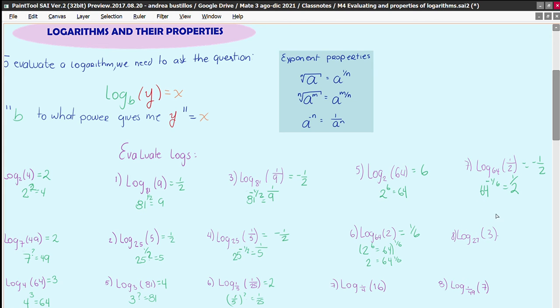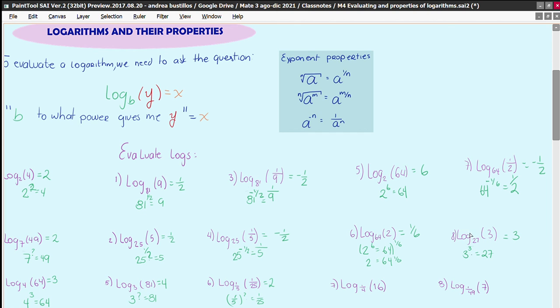Now for this exercise, 27 to what power gives you 3? You have to remember that the cube root of 27 is 3. So the answer for this is 1/3. Remember, another way to look at it is to go backwards. That is, I know that 3 to the power of 3 is 27.